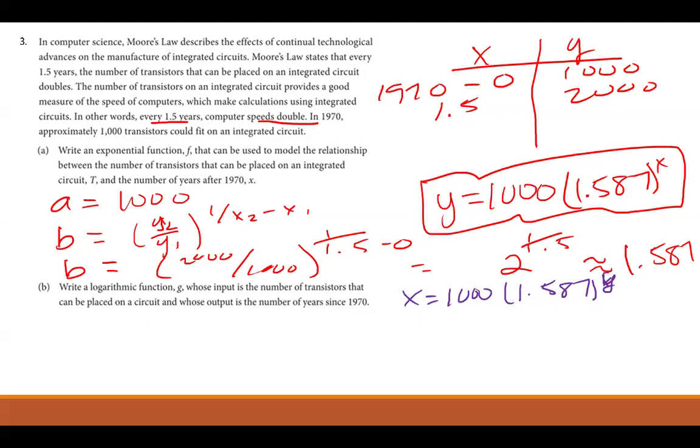What am I going to do first to start getting Y by itself? Is there anything you're adding, subtracting away? Nope. Is there anything I can multiply or divide away? And that would be 1,000. So I divide, and I'm now left with X divided by 1,000 equals 1.587 to the X. How do I cancel out an exponential?